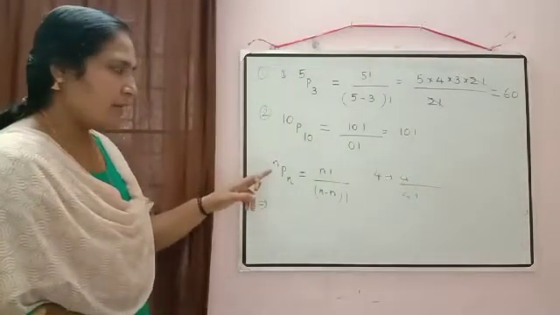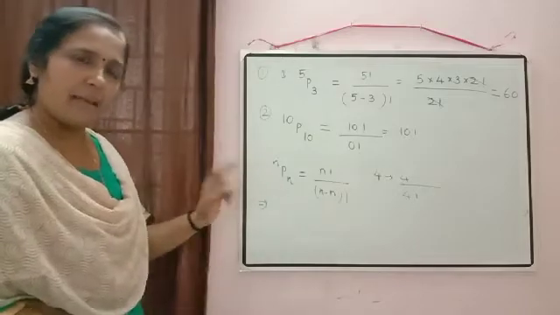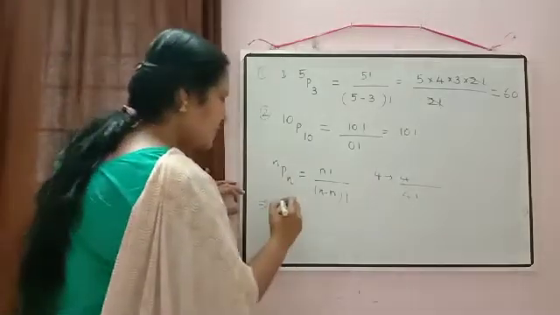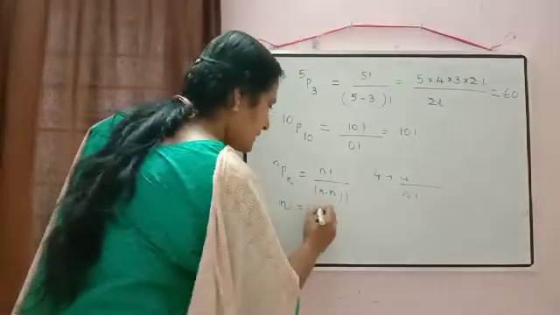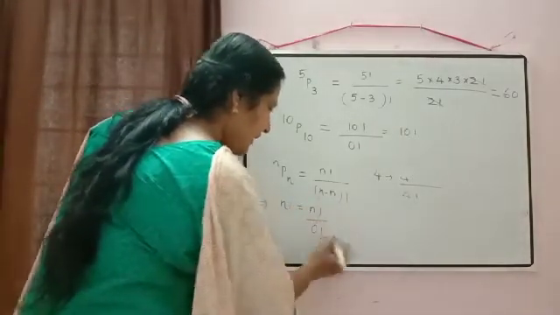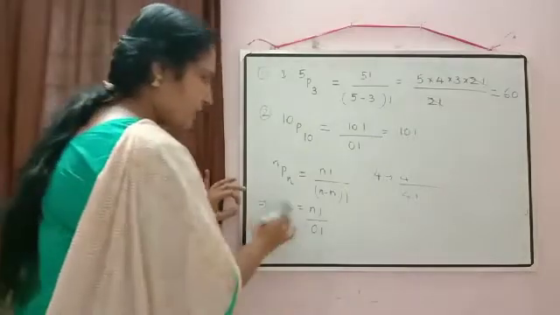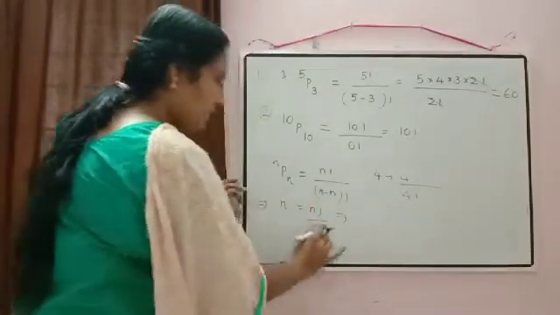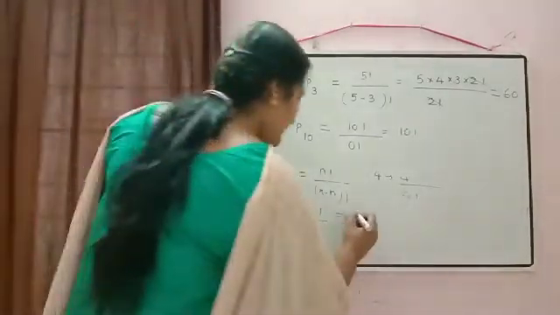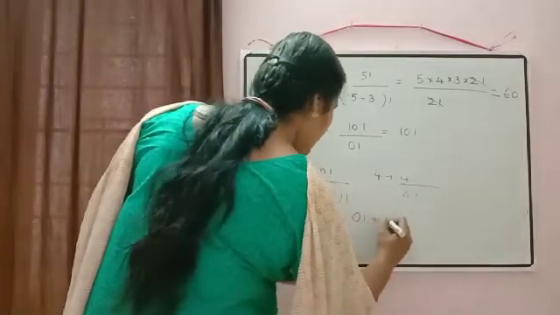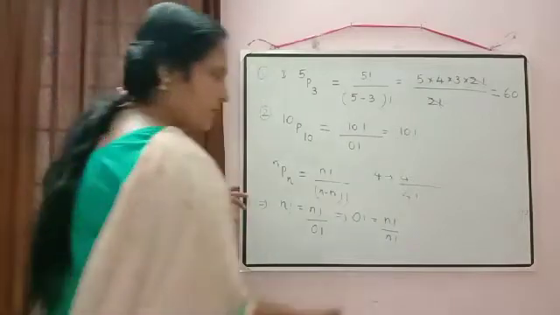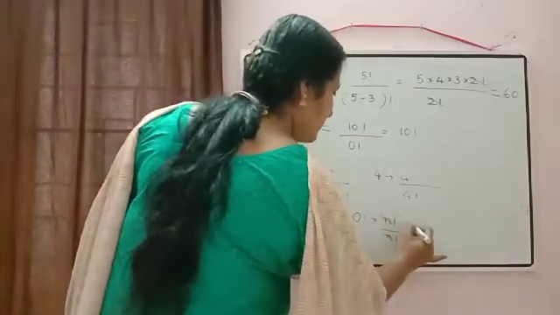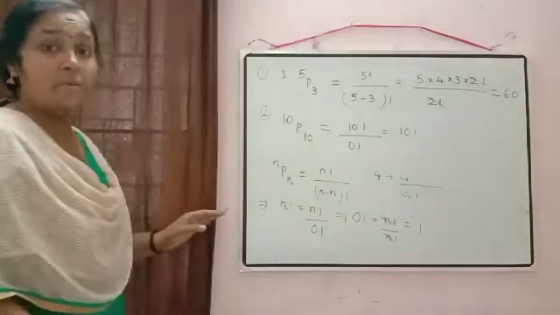So here also, if n objects and n places are there, they can be arranged in n factorial ways. So n factorial is equal to n factorial by 0 factorial. 0 factorial we can shift here and n factorial we shift to the right-hand side. Then we will get 0 factorial is equal to n factorial by n factorial. Both will get cancelled and the value is equal to 1.